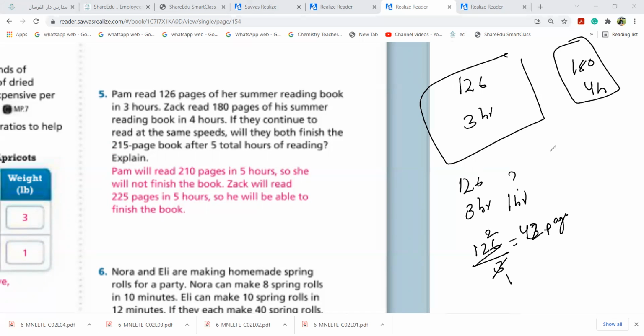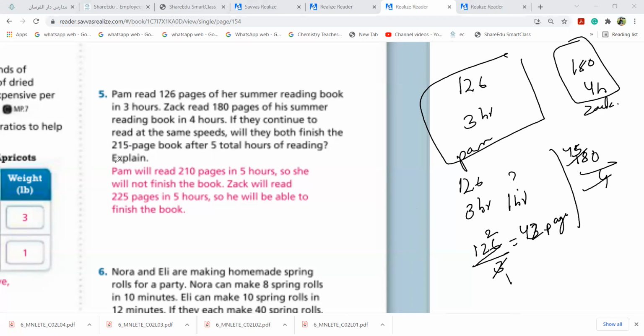And let us check with this, Zach. This is Pam and this is Zach. They both finished 215 pages after 5 total hours.